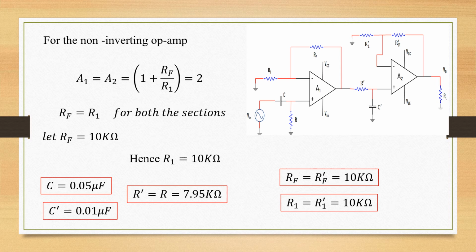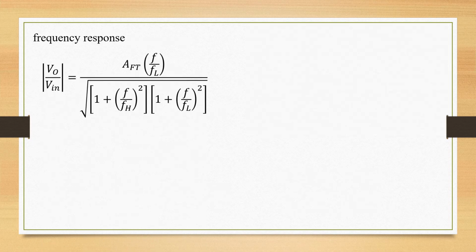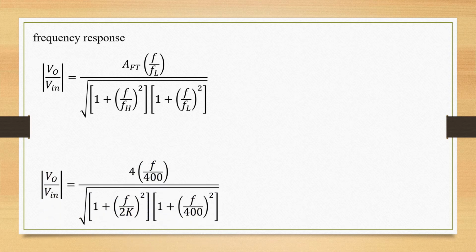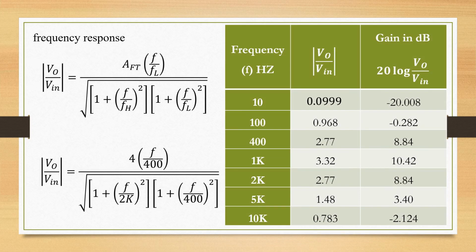The magnitude of V0 by Vin is equal to AFT times f over fl, divided by square root of 1 plus f over fh whole square times 1 plus f over fl whole square. Substituting the values of AFT as 4, fl as 400 and fh as 2k, and since f is a variable, we have to follow this particular table.